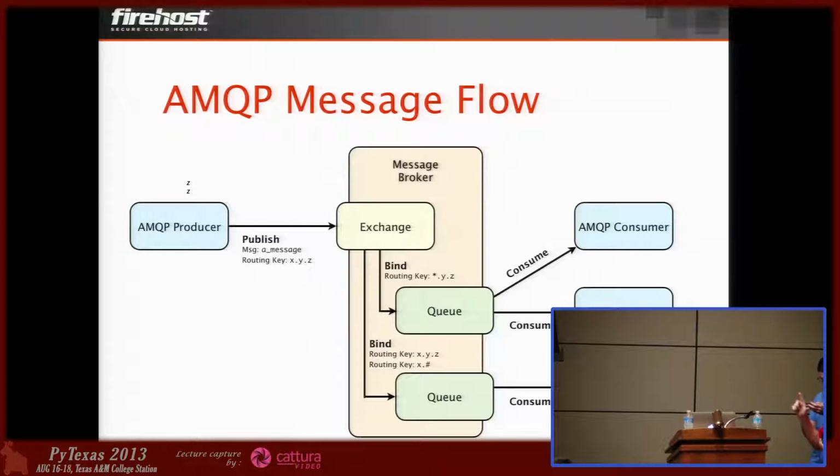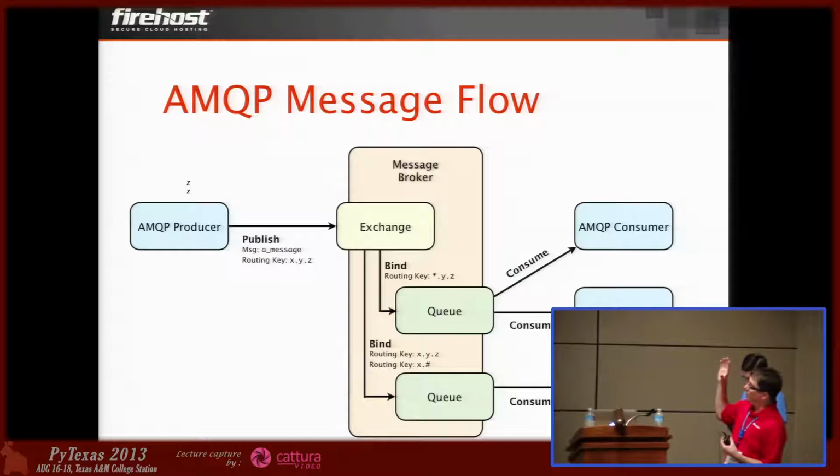An exchange is a logical entity that lives on the message broker, like RabbitMQ or QPID. When things declare queues, where messages land, they tell RabbitMQ how they want messages to flow from exchanges to queues. And then from there, consumers bind on any of the queues they care about. And when messages come into exchanges and get put on queues, messages get copied to any queue that has a matching key.